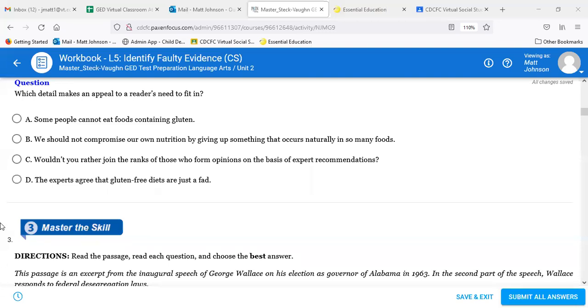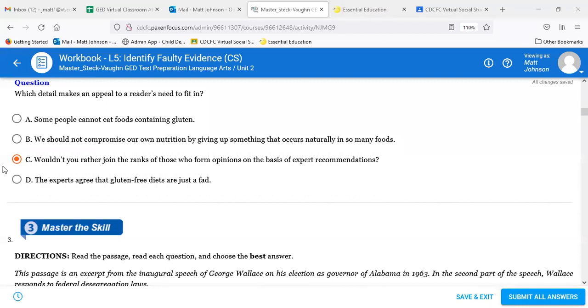D, the experts agree that gluten-free diets are just a fad. Is it C? Yeah, C, right? That's bandwagon, right? The appeal is that readers need to fit in. Wouldn't you rather join the ranks of those who form opinions based on expert recommendations? So C for number 2.